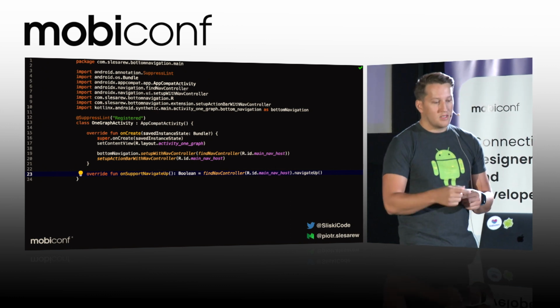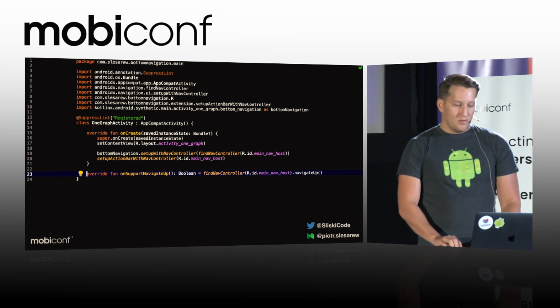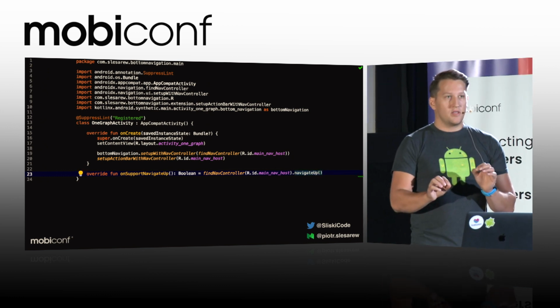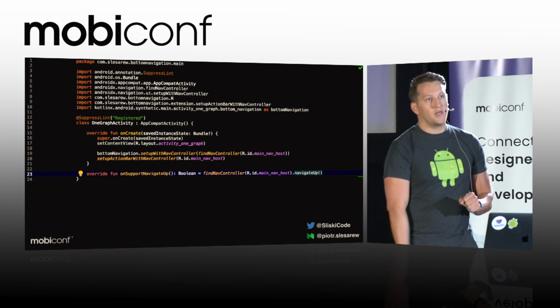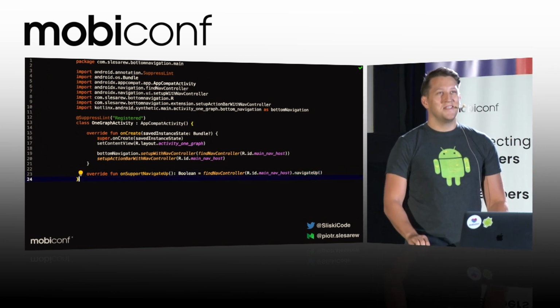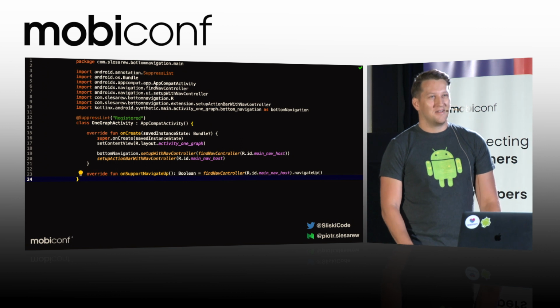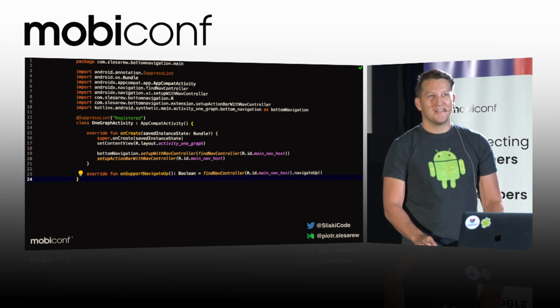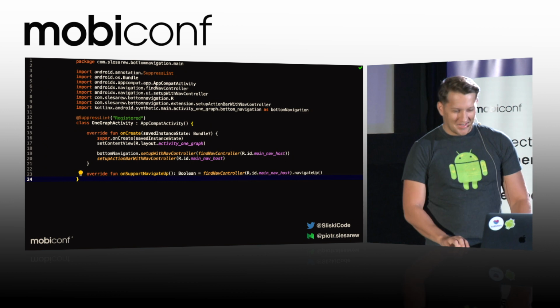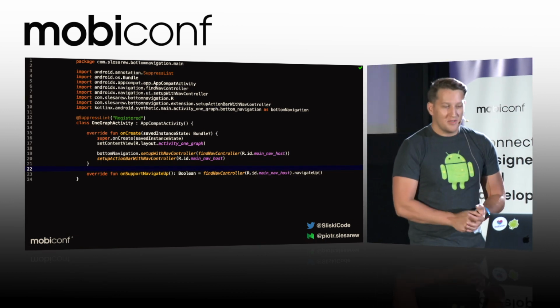It's already bundled in AppCompatActivity from AndroidX. What you are doing is finding the right graph and navigating up. And that's it. So, easy? Yes or no? Yes. You are sleeping, right? Okay. So one graph activity done.